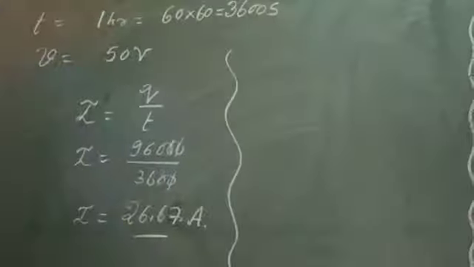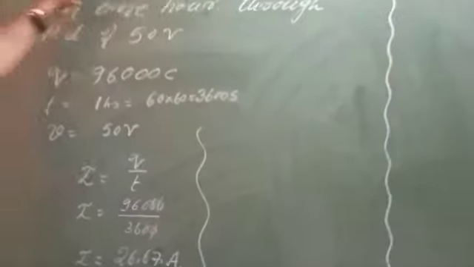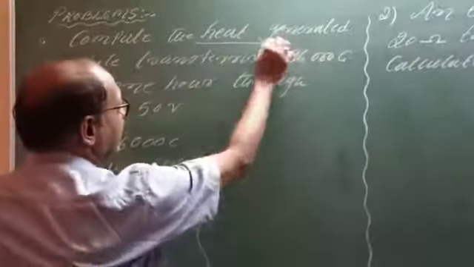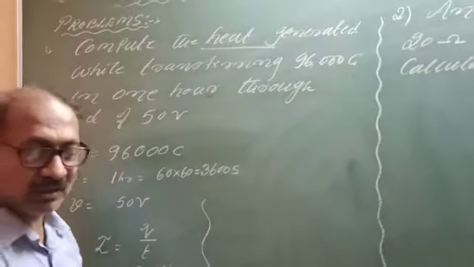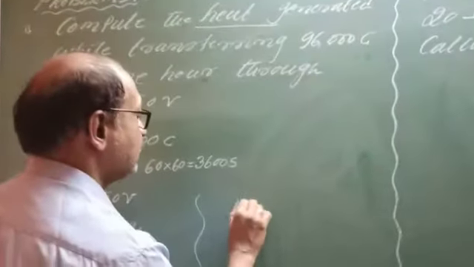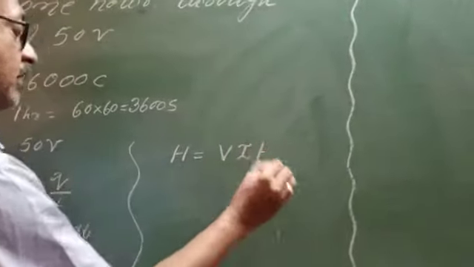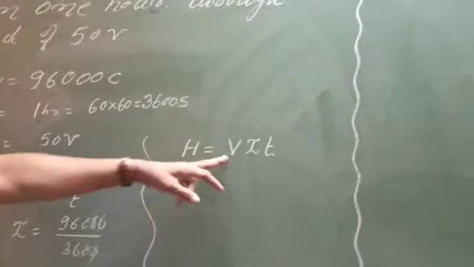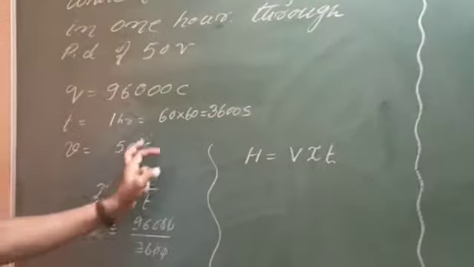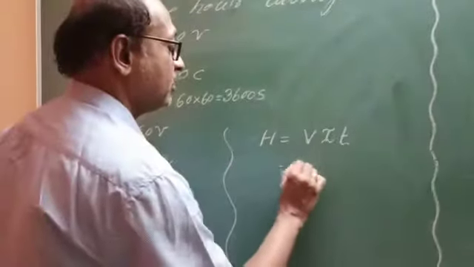So now what to find out here? The heat generated. We already studied the heat generated. H is equal to V into I into T. V is 50 volts.